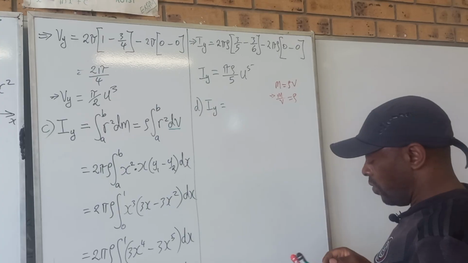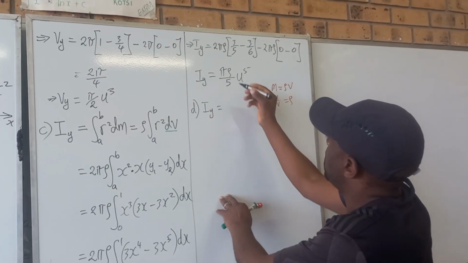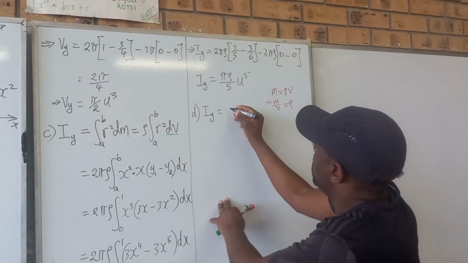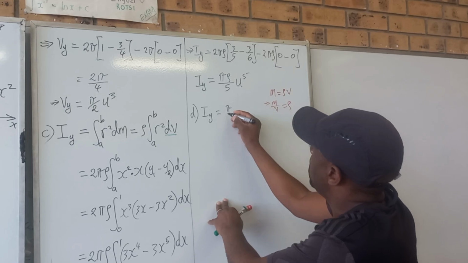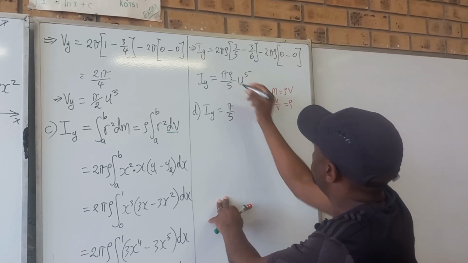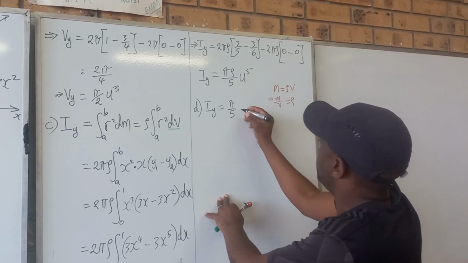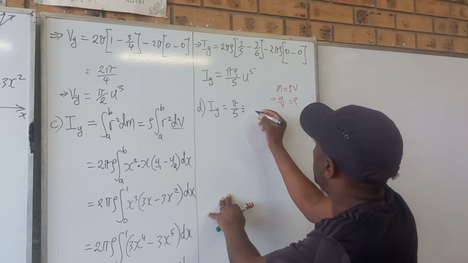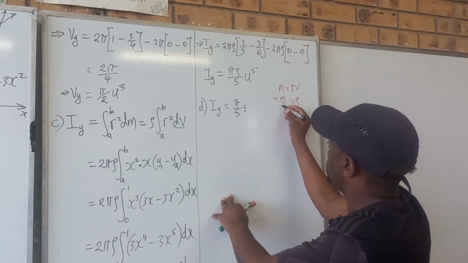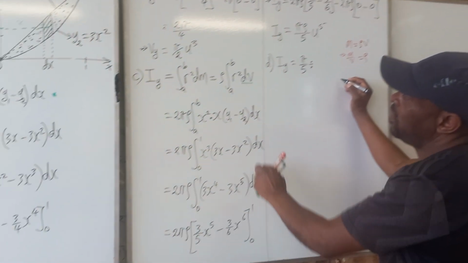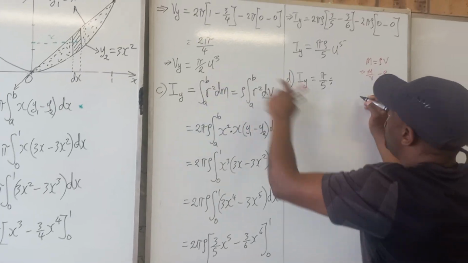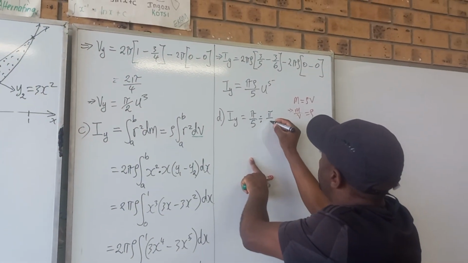So what I'll simply do is that I'll copy my answer for moment of inertia without the density part, because I'm replacing it by mass over volume. Then I divide by, why am I dividing? You see in this relationship, volume goes to the denominator. I divide by my answer for the volume, which was pi over 2.